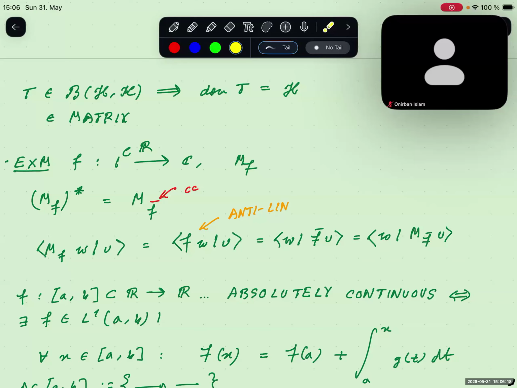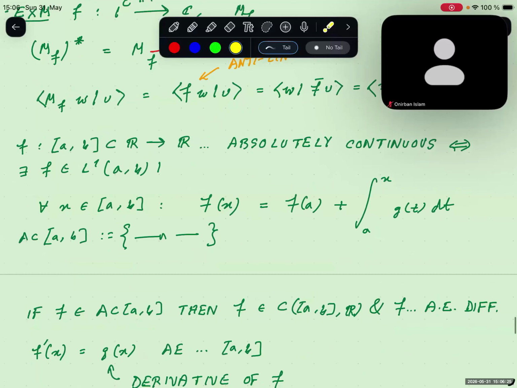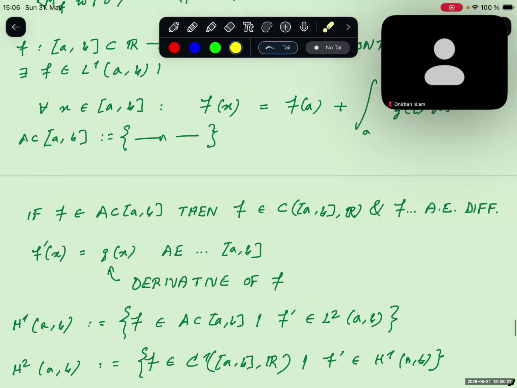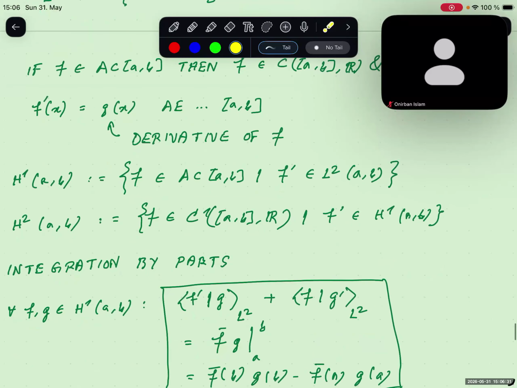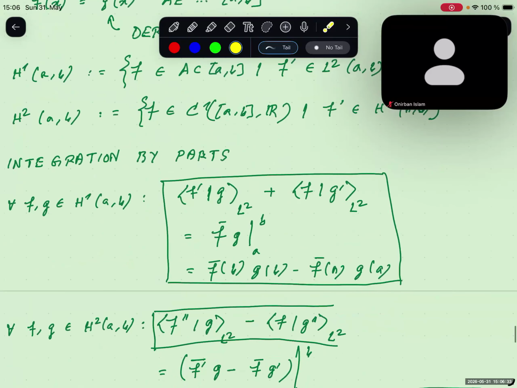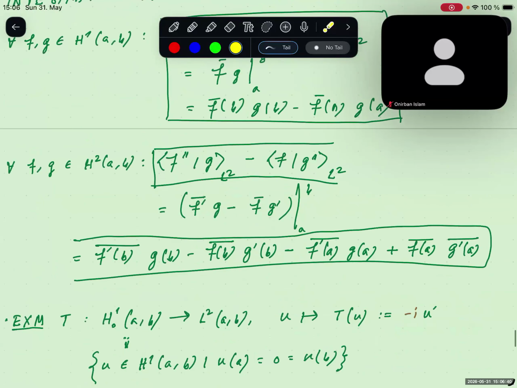So what we have done so far is that we are considering these absolutely continuous functions, and then we have the domain using this H1, H2, and then we also have the integration by parts formula that we have used extensively, and we will also use today.